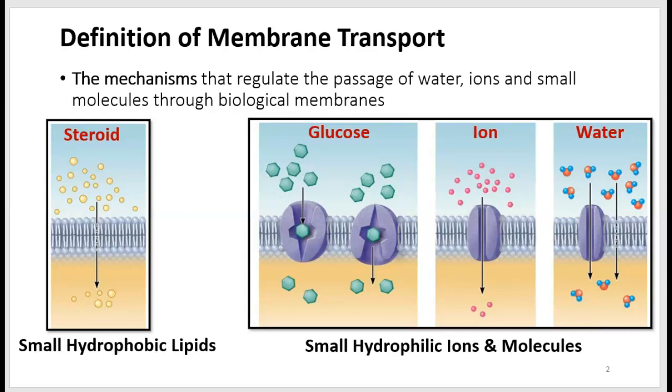Therefore, they need to go through a protein channel of some kind. Glucose goes through a glucose transporter, which is different than the protein that forms an ion channel, and is still different from the protein that forms a channel for water. The name of the channel through which water can be transported is called an aquaporin.